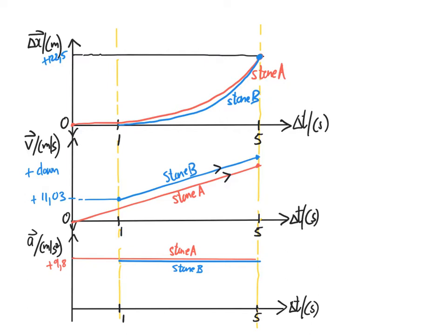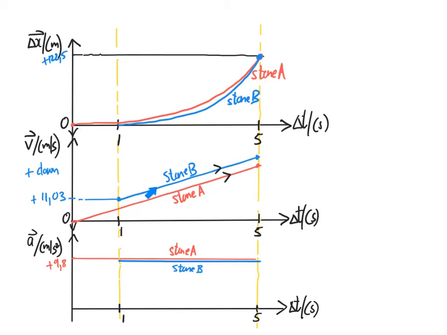We now look at stone B. Stone B starts its motion 1 second later, and it starts its free fall at a velocity of 11.03 meters per second. It too is accelerated at 9.8, so the gradient of its velocity-time graph is the same, therefore these two graphs are parallel.